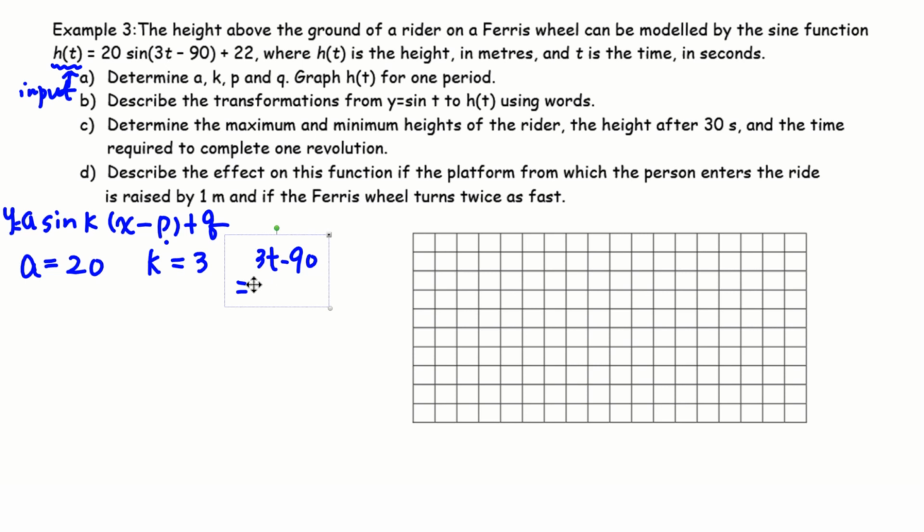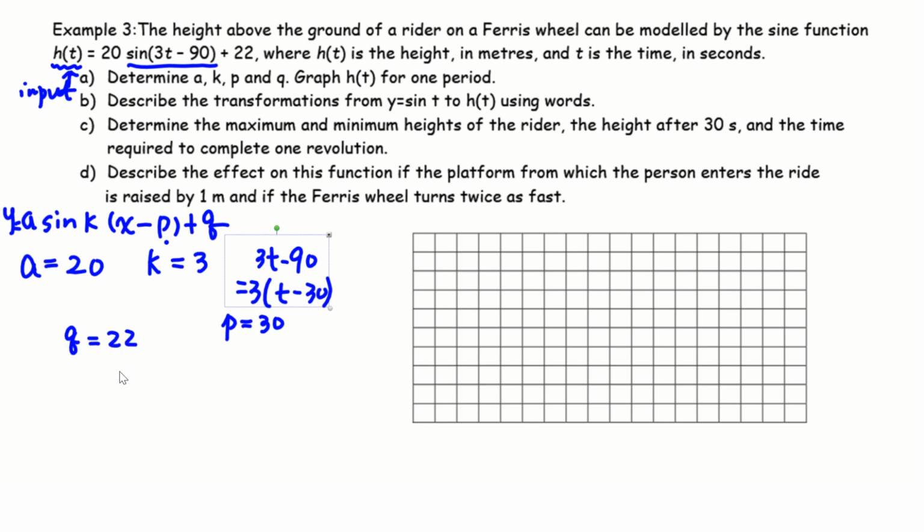So we take the k value 3 out, then each term divided by 3 gives you 30. So then the p value is 30, opposite with minus, so it's 30. And the q value is the number outside of the whole function, that is 22.